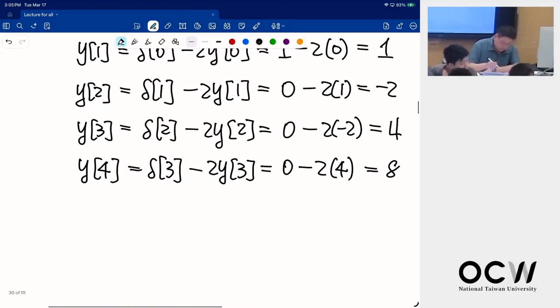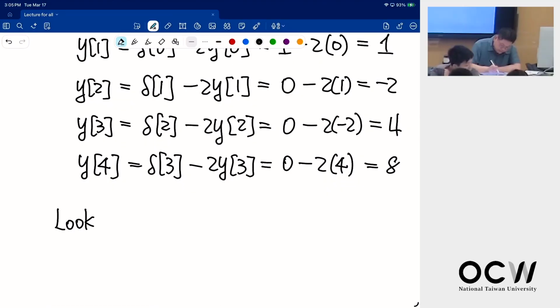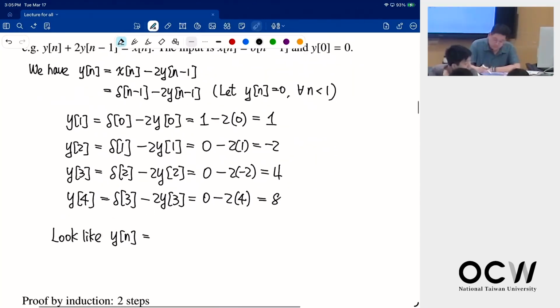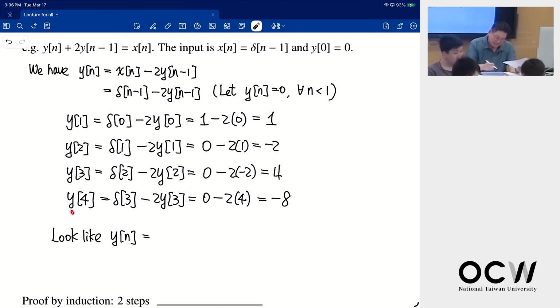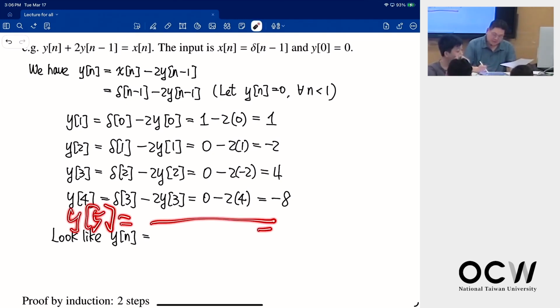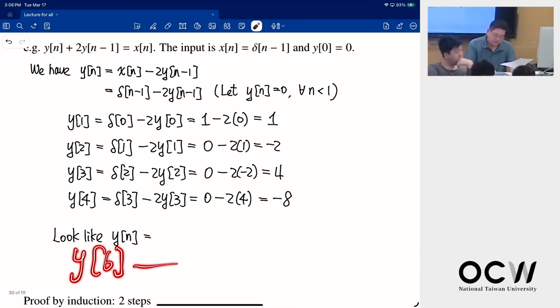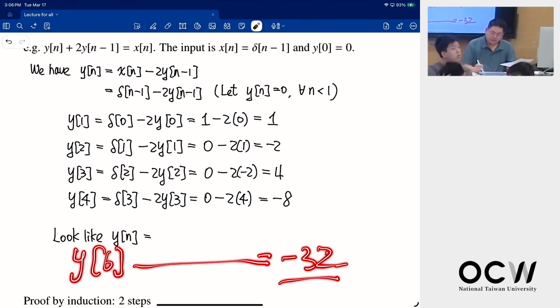So looks like from the observation, what is your y[n]? 1, minus 2, 4, and here is minus 8. Can you guess y[5]? What's the answer here? 16. How about y[6]? Minus 32. Good, so we have a pattern here.